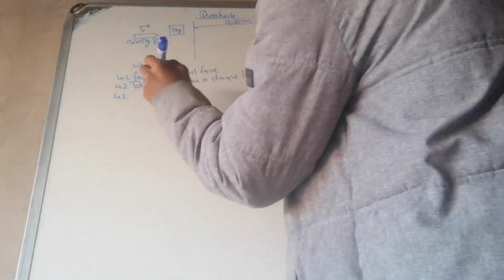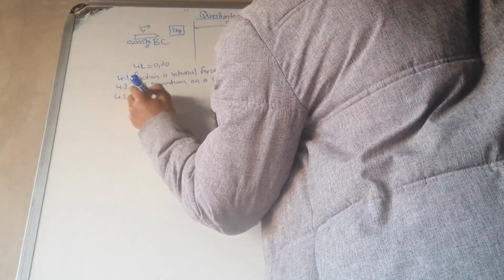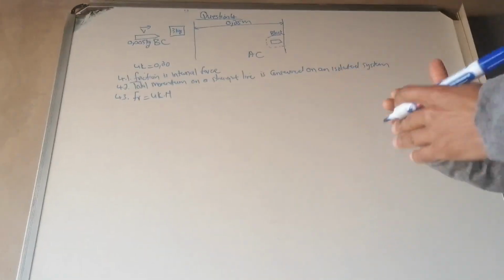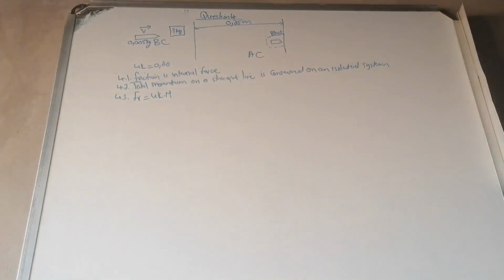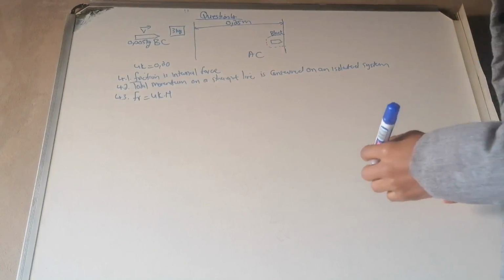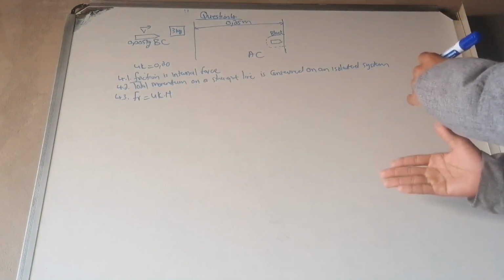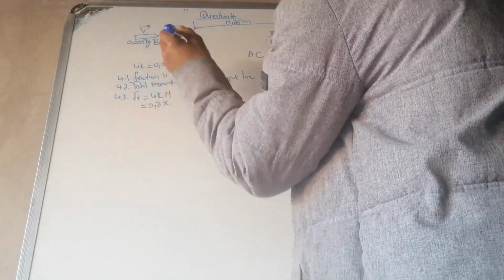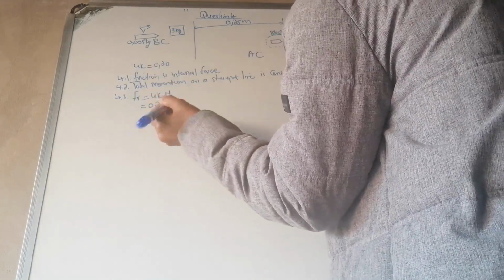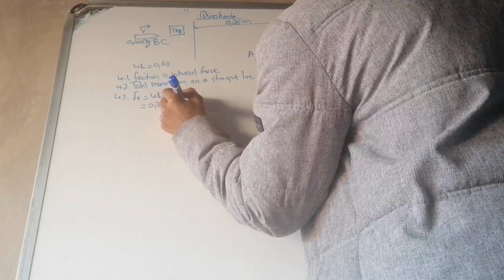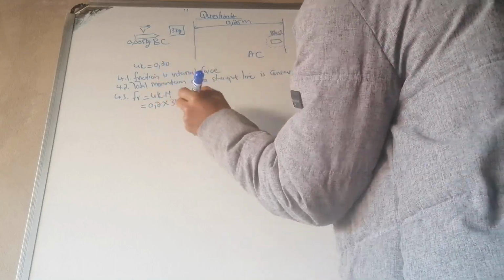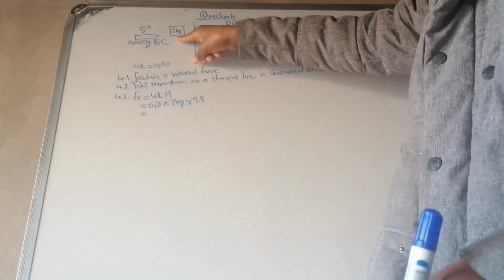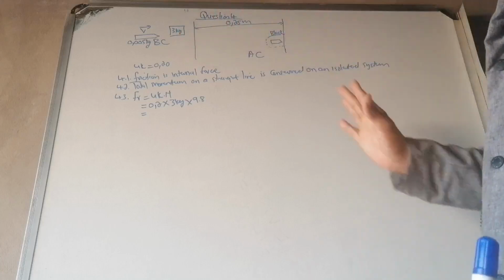And I know that the force of friction equals mu k multiplied by the normal force. Now, remember the block is resting on a surface. So it is not on an angle, it is resting on the surface. So this is 0.2 multiplied by the mass of the block, which is 3 kilogram, multiplied by the gravitational acceleration of 9.8. I'm calculating friction that is acting on the block here.